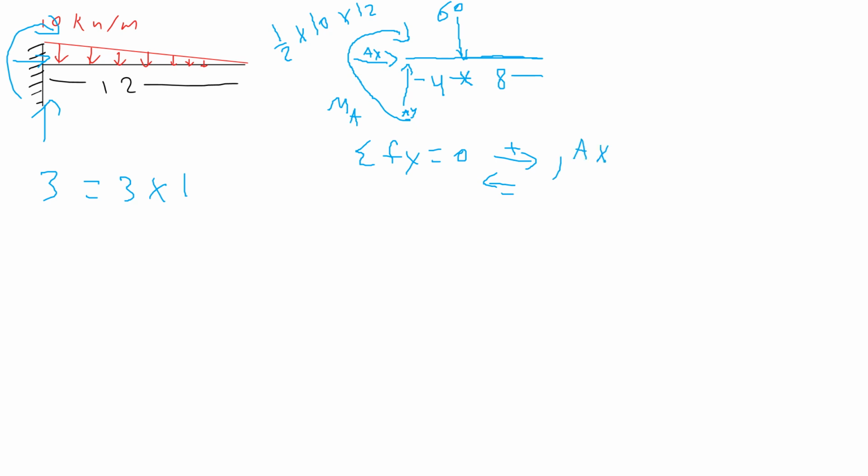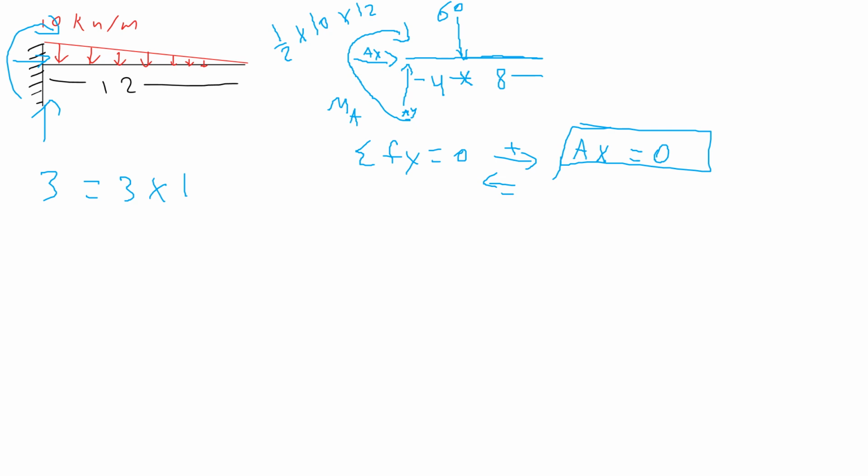I only have one in that direction, positive, equal 0. So this is my solution for this one. Ax equals 0. I got no other. And this makes sense because I got no other force in the x direction. So it must equal 0 because it has to cancel each other. It's determined. So Ax is equal to 0.